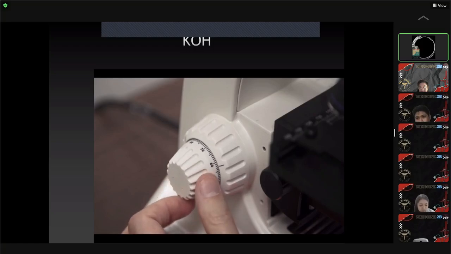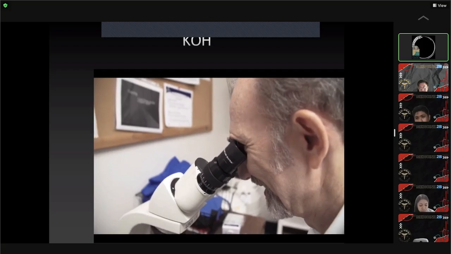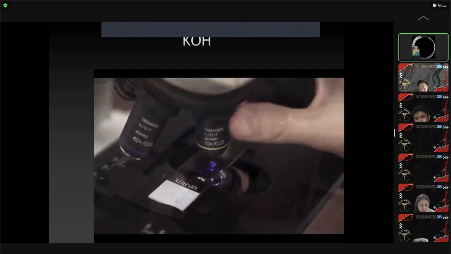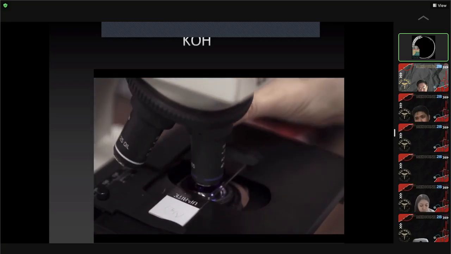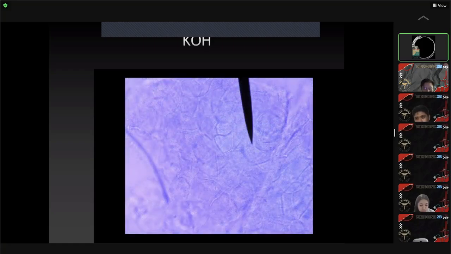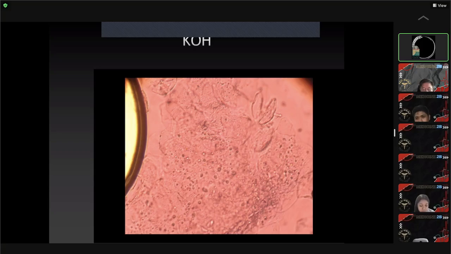Once structures suspicious for fungal elements are identified, the objective is switched to 40 power to confirm or dispel the diagnosis.